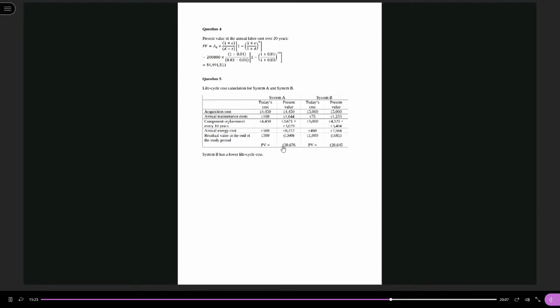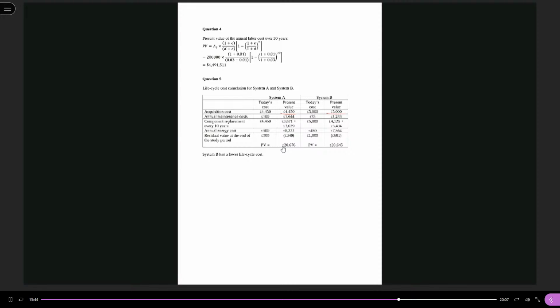The acquisition cost will be paid on day 1, so no calculations are required. For the annual maintenance cost, it is a recurring cost that happens every year, so we should use this equation.